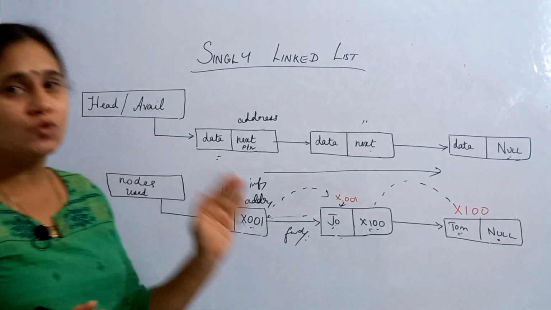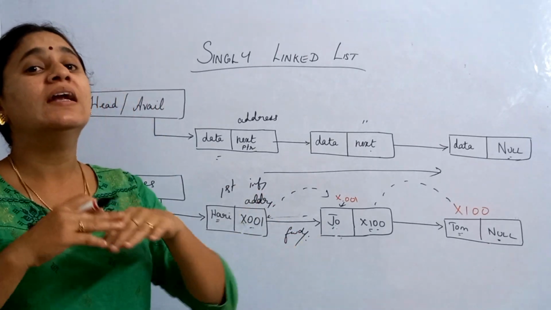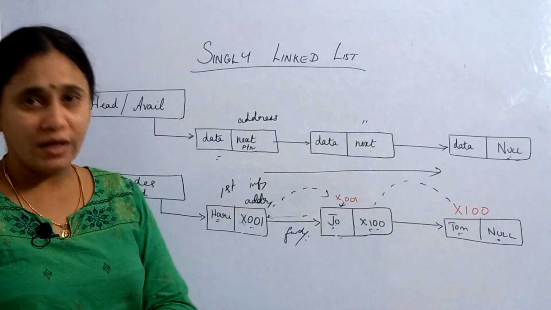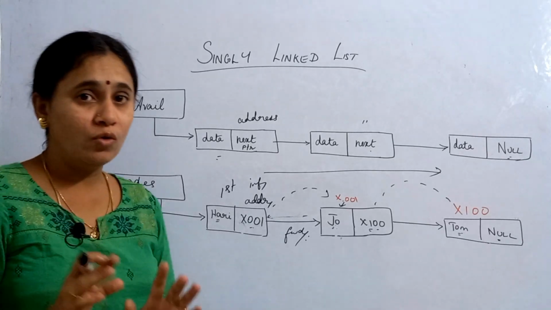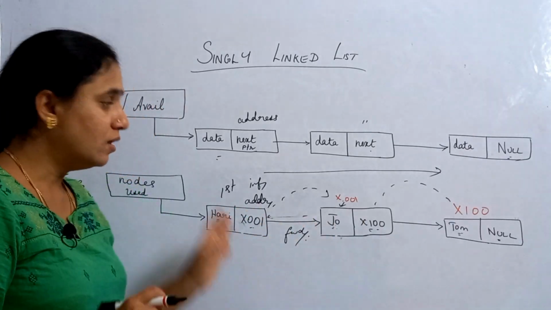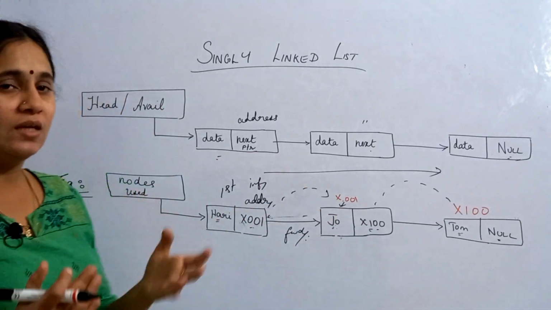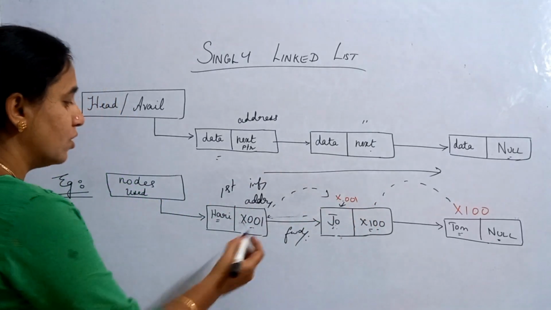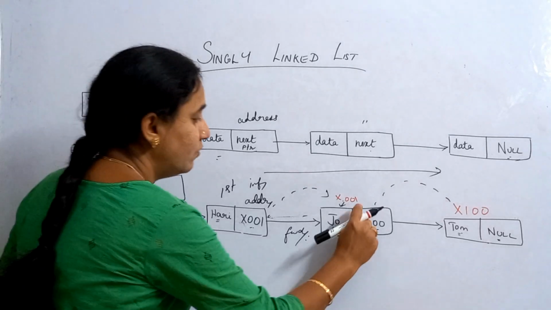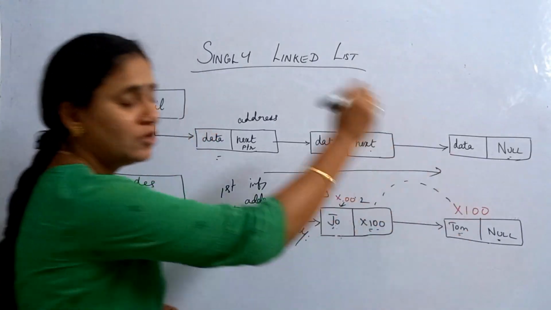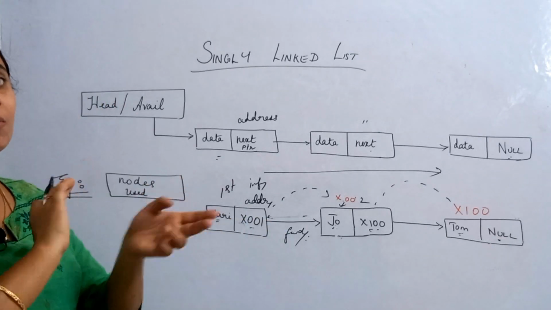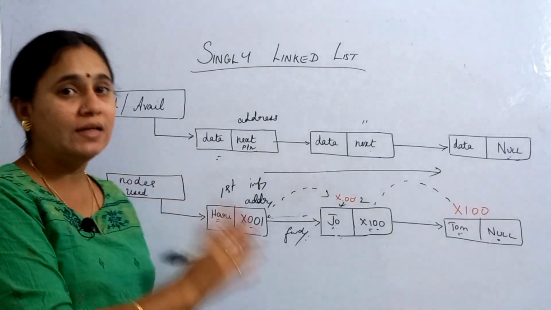We are storing the data values using different memory addresses, right? So we are not following any sequence in representing the memory addresses. For example, if there were linearity, and this is X001, it would be X002, X003 like this, isn't it? But here it is not like that. We are using different memory address values for storing the data.